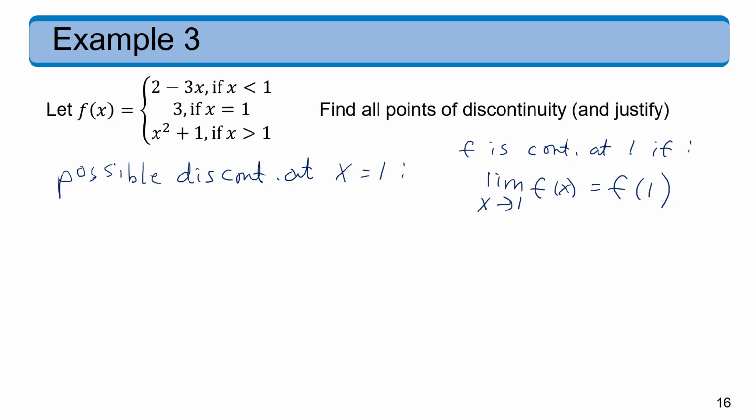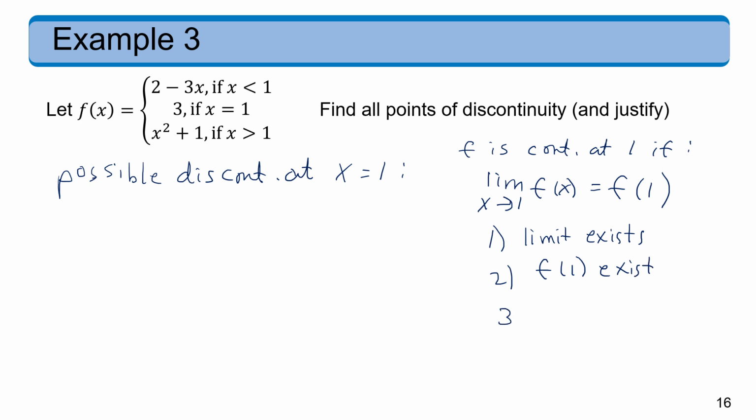Okay, and I put 1 in there because that's the point that we suspect we may have a problem. So remember, this definition implies 3 things. First of all, the limit that is expressed there has to exist. Second, f of 1 has to exist.